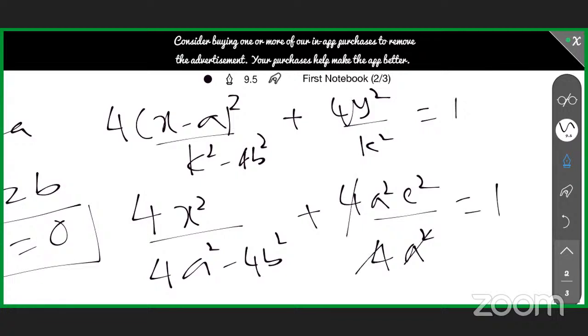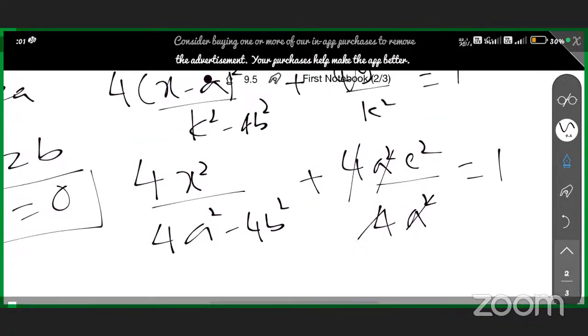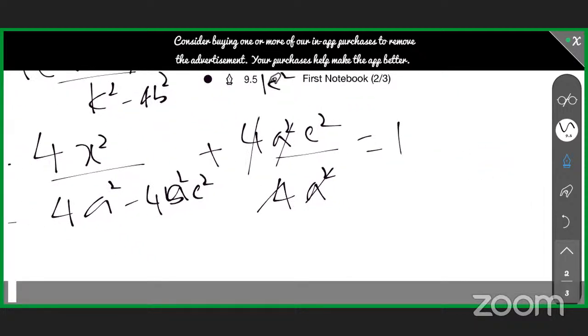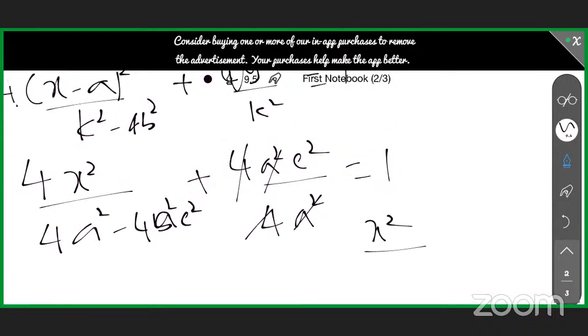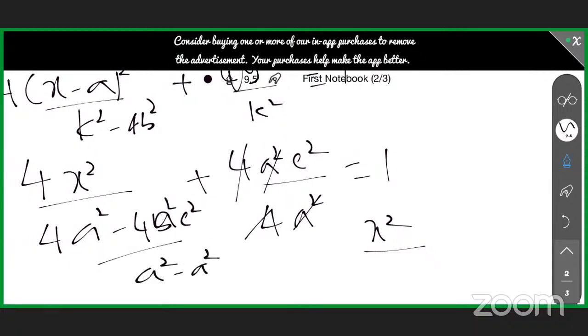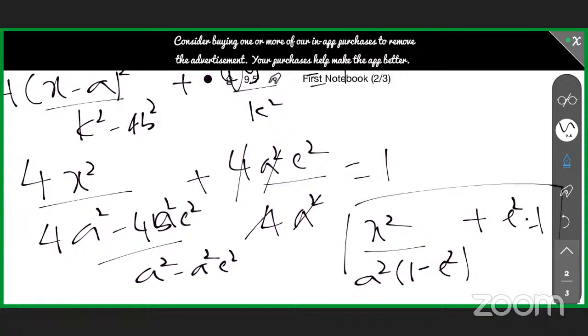The 4 cancels, a square cancels. If I take 4 common here, it will come out. So it will be x square by a square into (1 minus e square), plus y square by a square e square is equal to 1. This will be my equation of the locus.